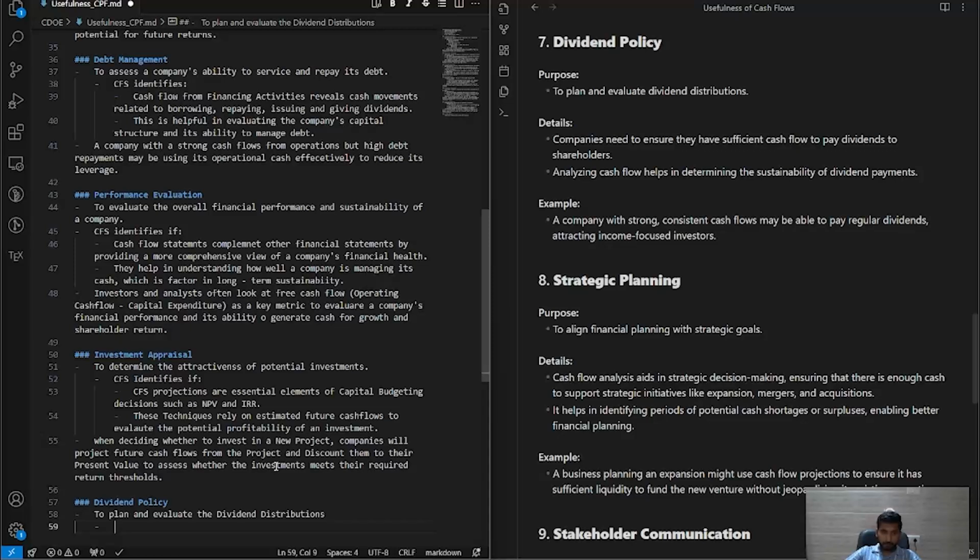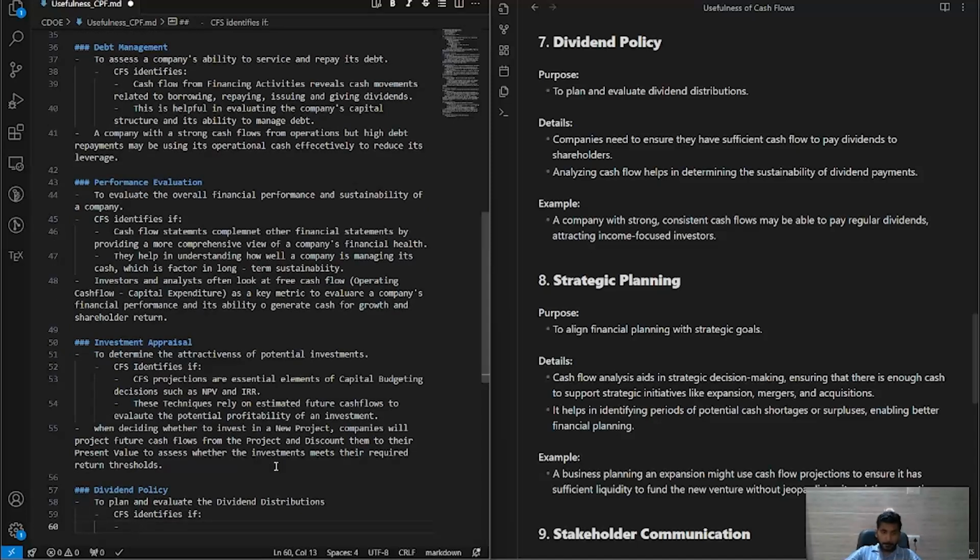CFS identifies if the companies have sufficient cash flow to pay the dividend to the shareholders.